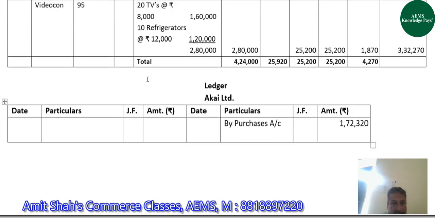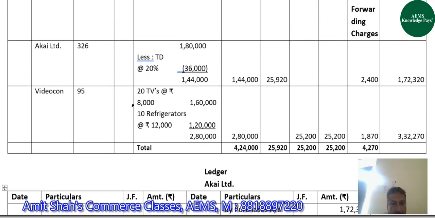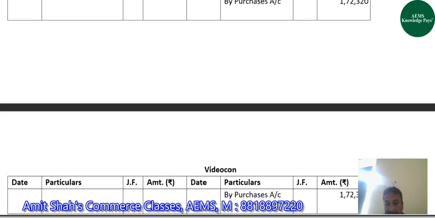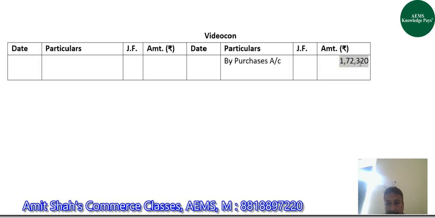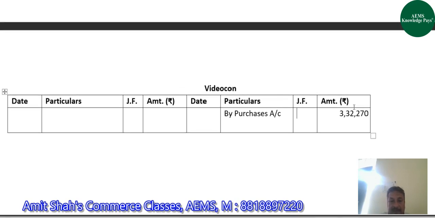So on the credit side of the account of Videocon, he will write "By purchase" with 3,32,270, inclusive of GST and packing and forwarding charges. So this is how guys, posting would be done in the ledger.